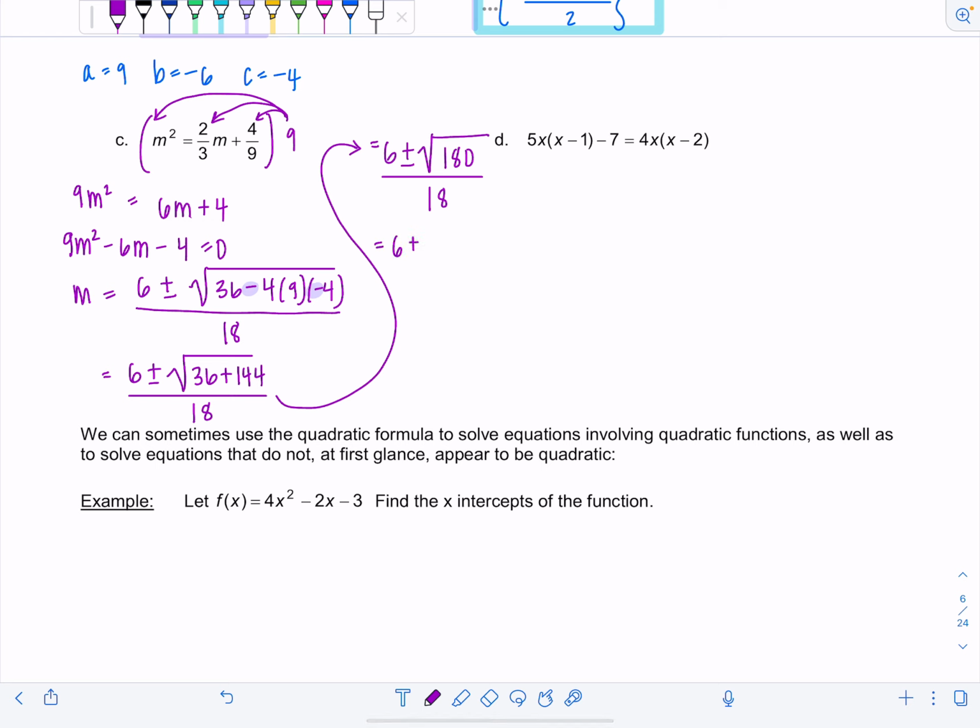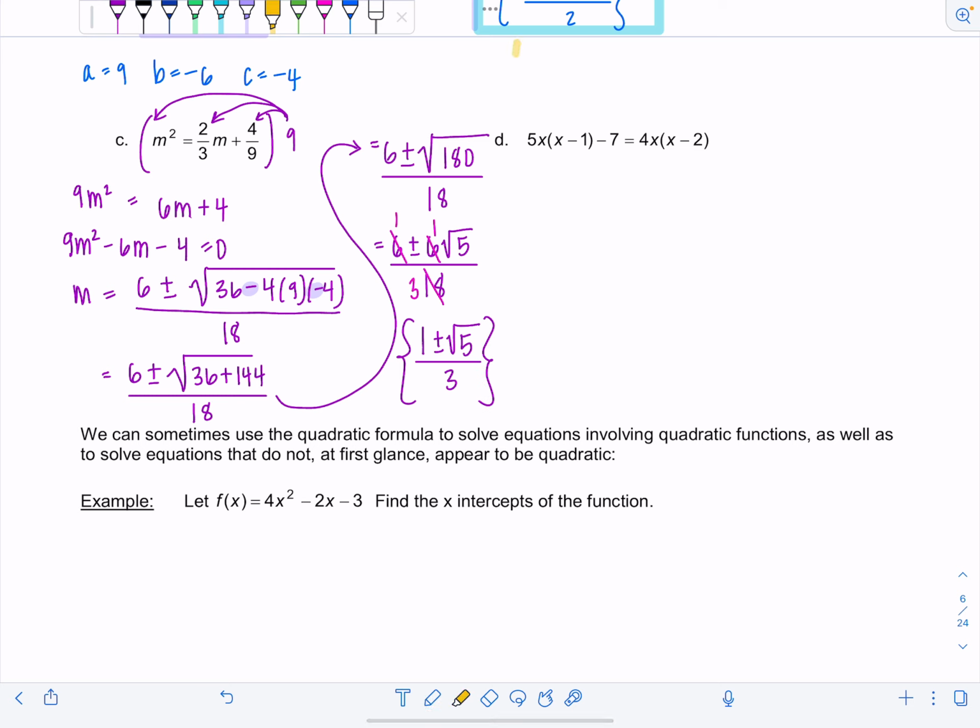So this is 6 plus or minus 6 rad 5 over 18. And then we can cancel out a 6 from everything in the numerator, and the denominator becomes a 3. So our final answer is 1 plus or minus rad 5 over 3. We might as well just put that in the solution set so we don't have to rewrite that answer again. Okay?